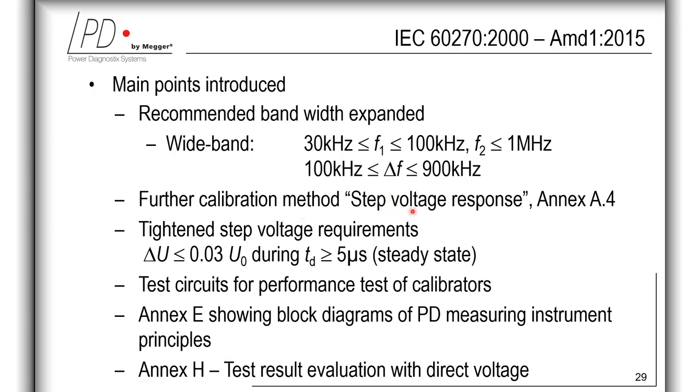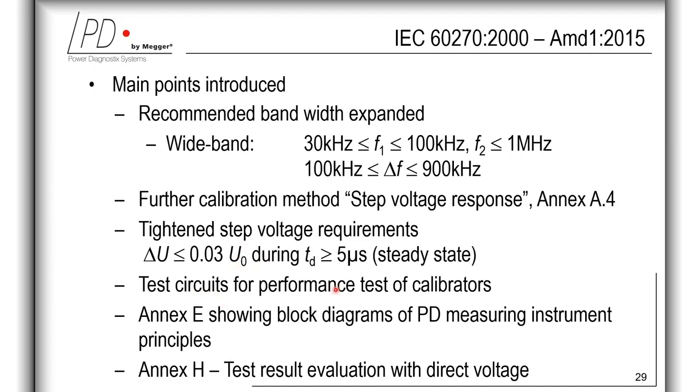The rise time was set to a maximum of 60 nanoseconds and time to steady state then no longer than 200 nanoseconds. And the stable step voltage duration is to be at least 5 microseconds, and the absolute voltage deviation, delta U, is not larger than 3% of the U0, which is the step voltage magnitude.